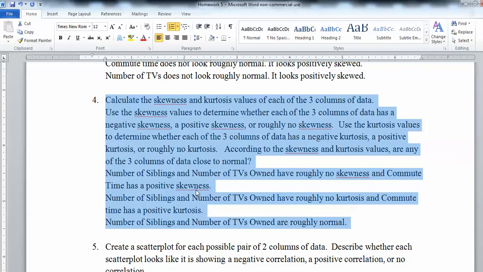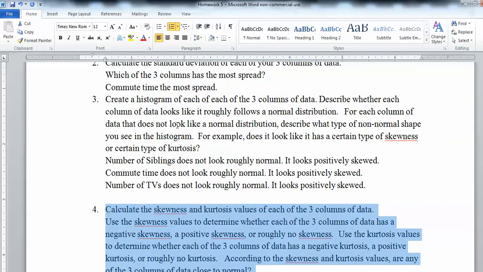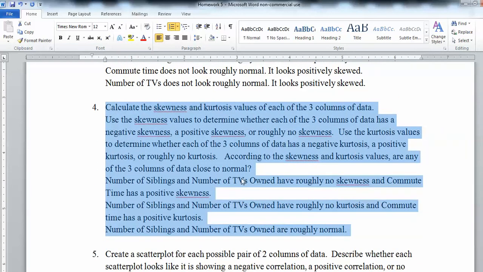In question number 3, I'm asking you to just use the histogram and use your own judgment to decide what the shape looks like. And if question number 4 gives you a different answer than question number 3, don't change your answer to question number 3, because I just want to see what your own judgment was before you actually calculate the values.